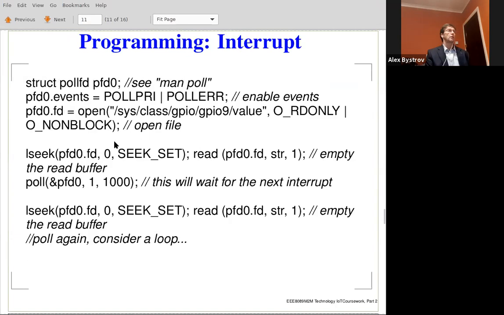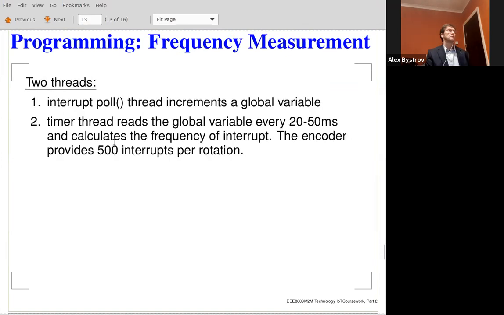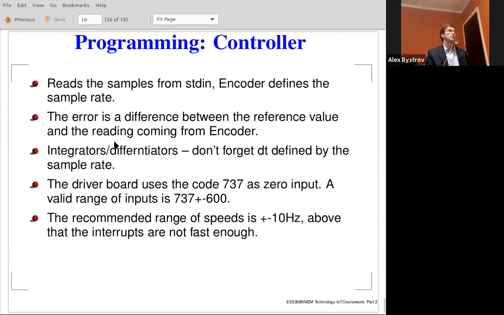So I need to go back. So it reads the samples. There will be some operation scanf. Scanf reads the text from the input and tries to find in this text the fields. So it will be hunting for either floating point or integer values depending upon your convention, what format you have chosen.